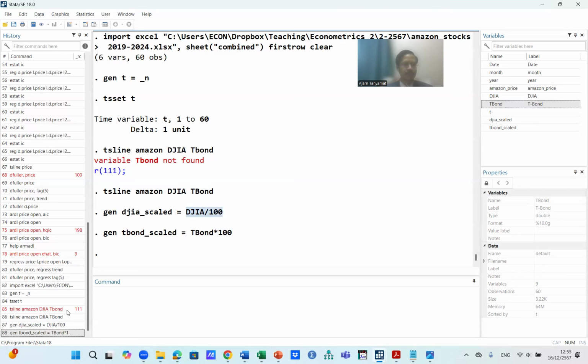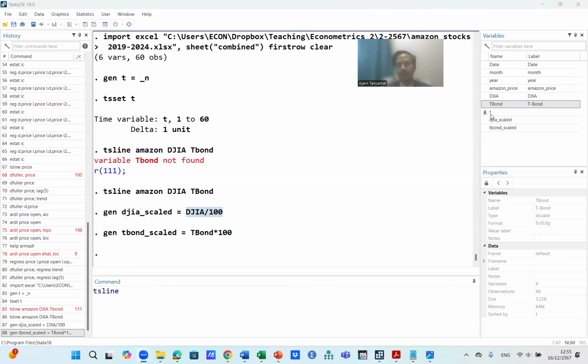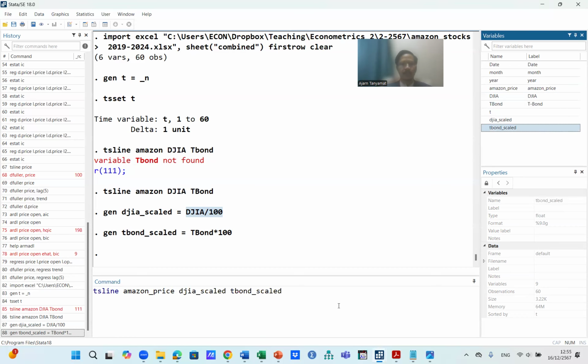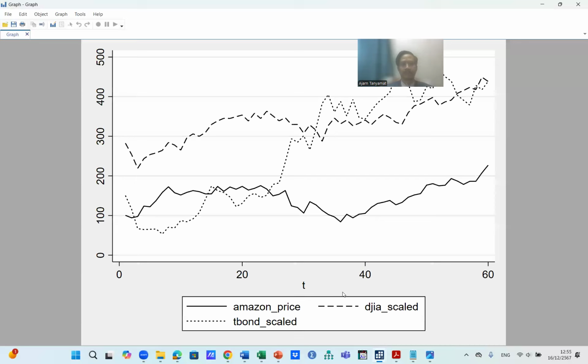Okay, now let's do tsline. We're going to go Amazon price, DJIA scaled, and T-bond scaled. This should look a little bit better. Okay, so now that we have these data scaled, we can kind of visually observe a little bit. Amazon is the solid line, DJIA, you know.